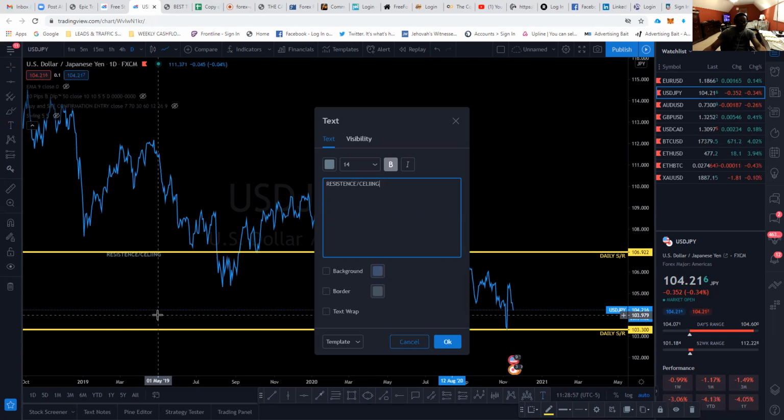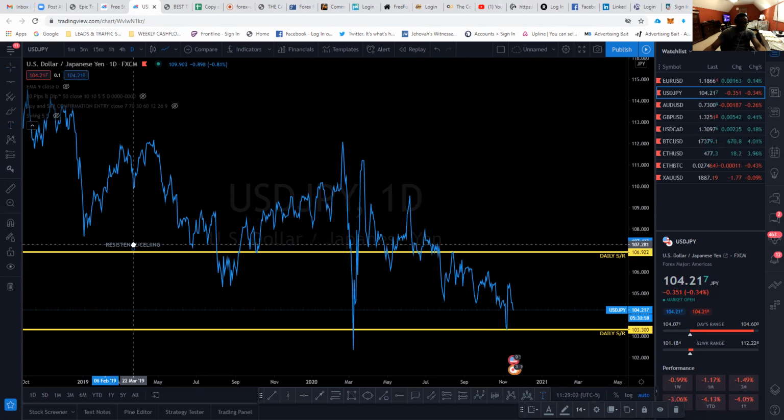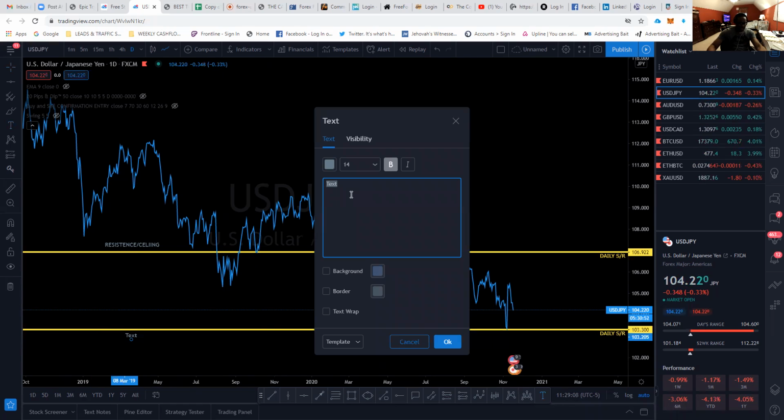So it's like the ceiling of a house or a building. All right. So we're going to put that here. And at the bottom here, I'm going to put support, also known as floor. Right.